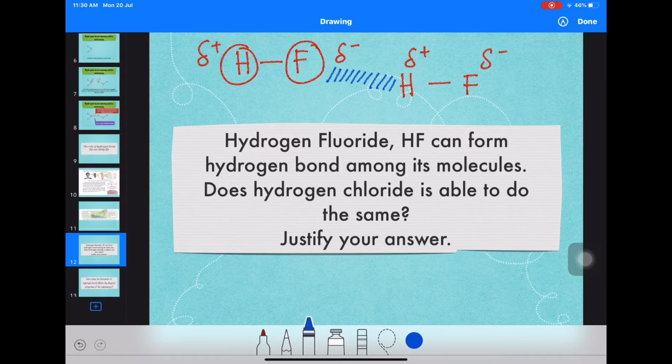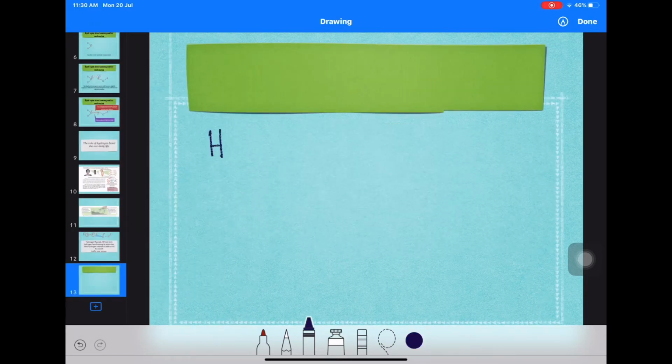But is hydrogen chloride able to do so? Let's see. Hydrogen chloride, if we refer to electronegativity, we will say yes, they can form hydrogen bonds between the molecules, but then we look at the electron density.